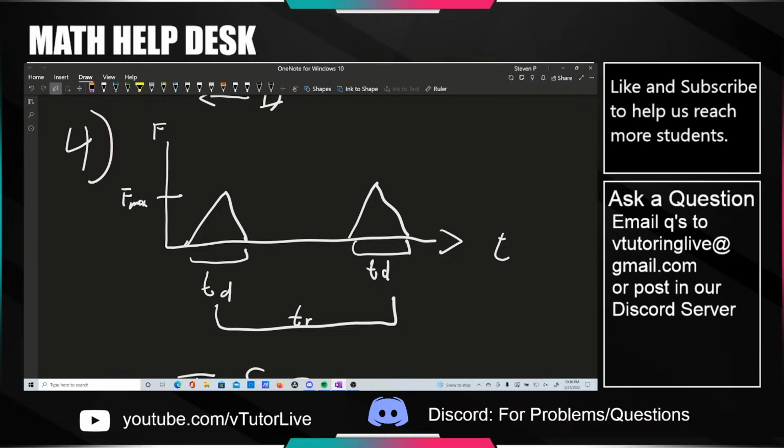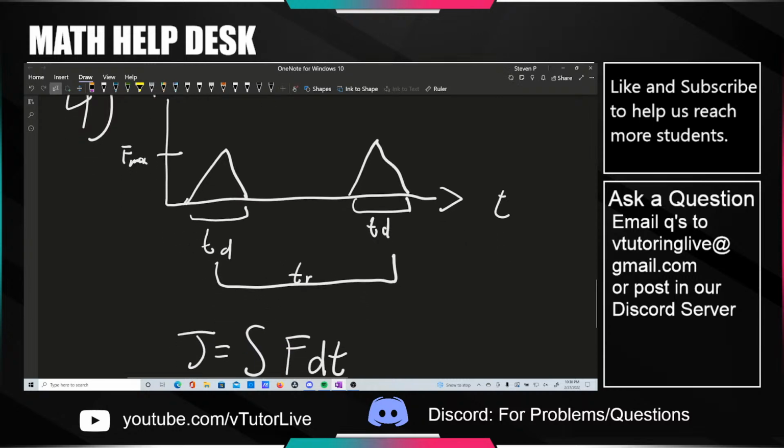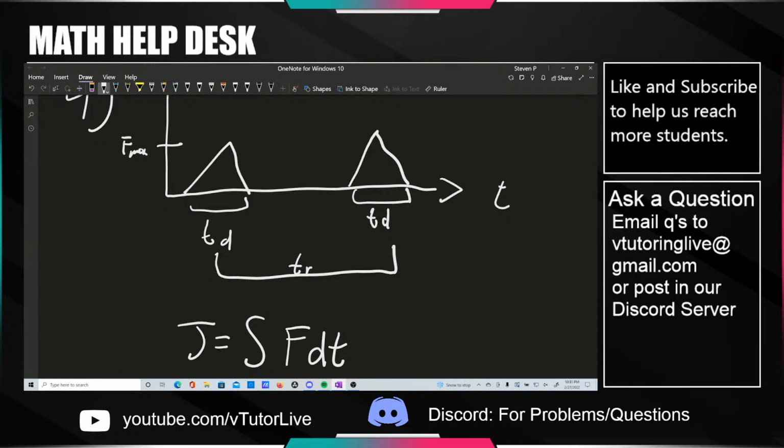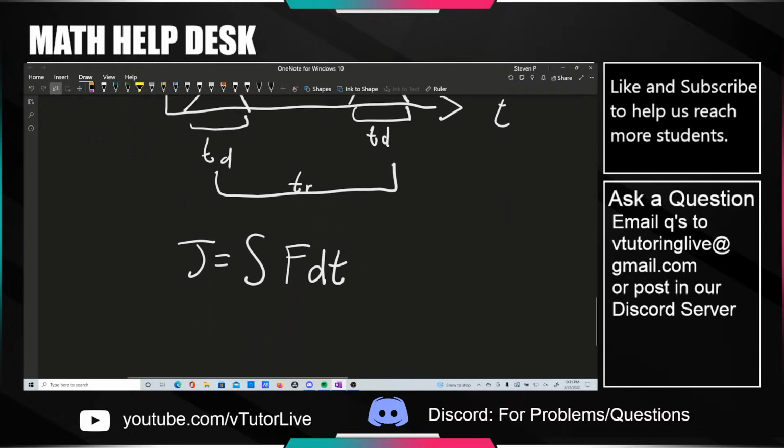So yeah, during each impact, what is the magnitude of the impulse? Well, okay, just find the area under the curve. And hopefully that should be easy enough because it's just a triangle, right? Yeah, you know the base and you know the height, so go ham. And now it's saying during each impact, what is the magnitude of the average force on the wall?